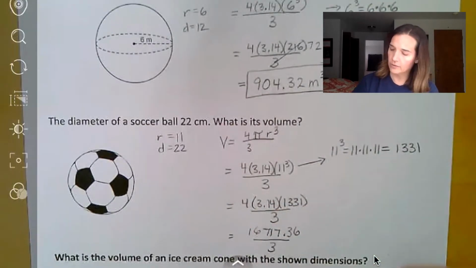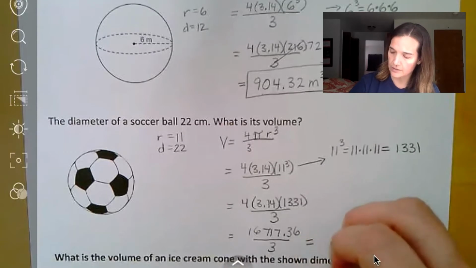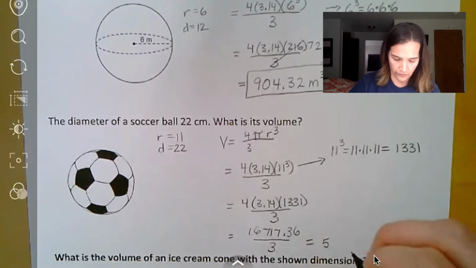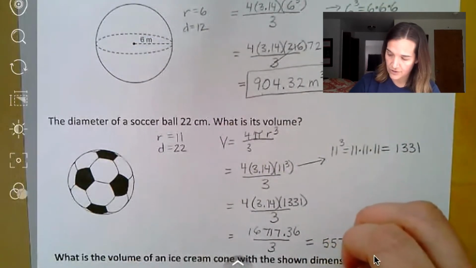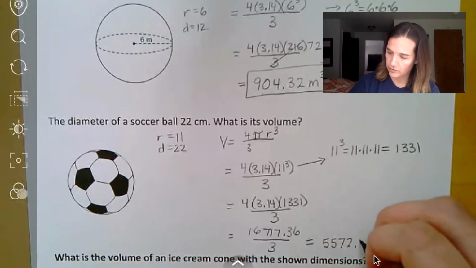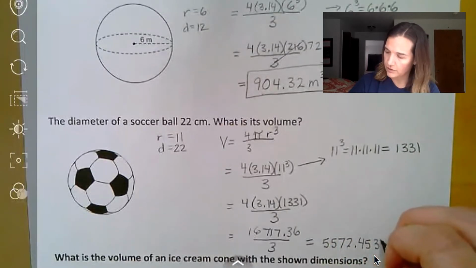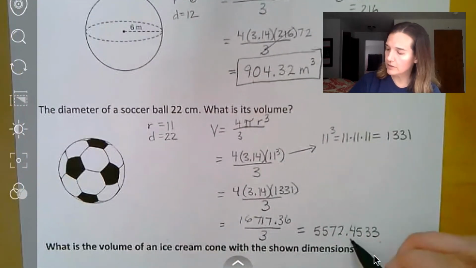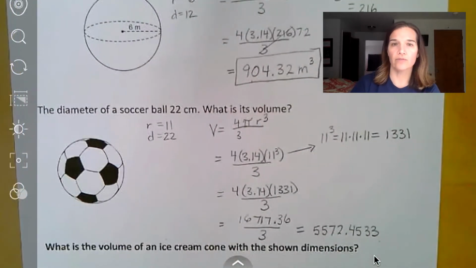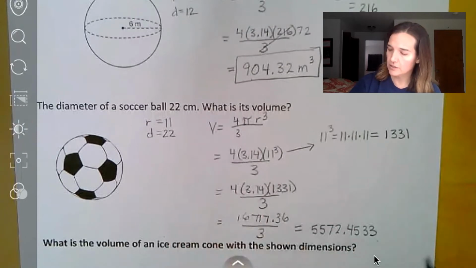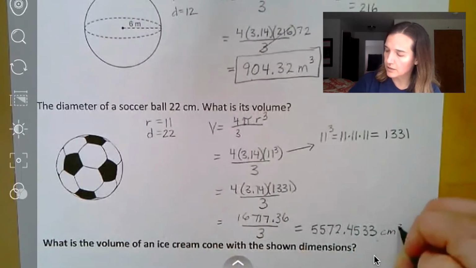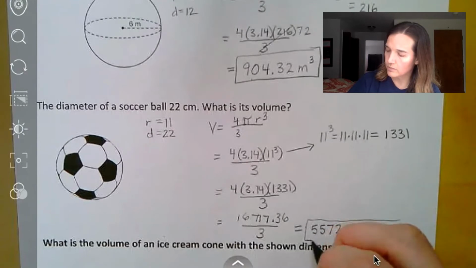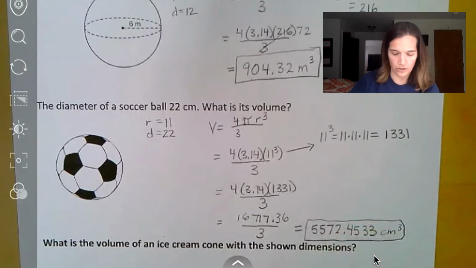And when we're done with that, that is the same thing as 5,572.4533. Could keep going. This is just an approximate answer. You could round it at the nearest tenth or the nearest hundredth if you'd rather. Units, centimeters, and cubed because it's volume. And so there's our answer there.